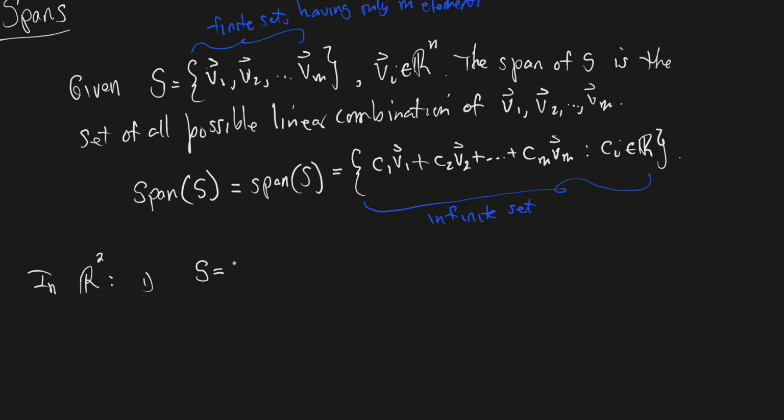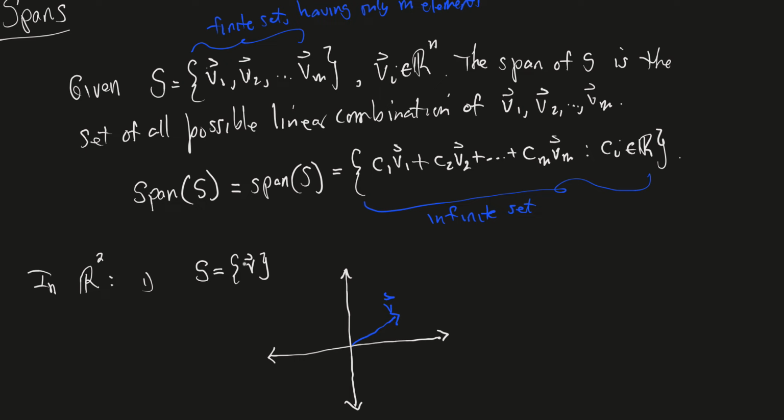Let's say my S just consists of the vector v. I'm not even going to write down an actual vector. I'm just saying there's a single vector in my set. So let me sketch R2, and then let me sketch my vector v with the initial point at the origin, maybe oriented this way. So this is the vector v.